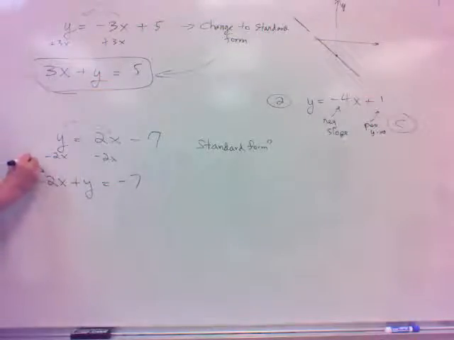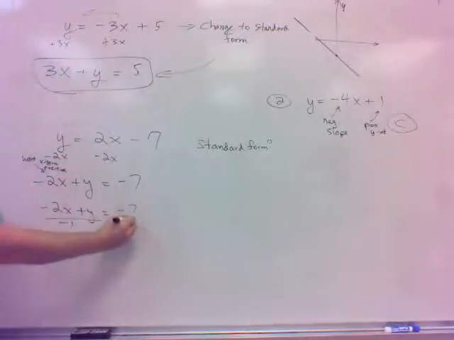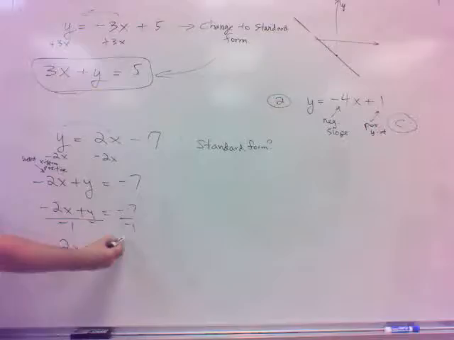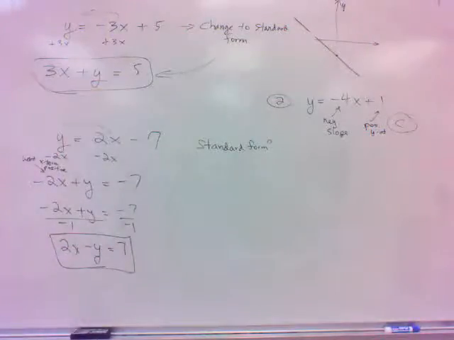If I want the x term positive, if I divide through everything by negative 1, both sides, that'll take care of it, won't it? Or multiply both sides by negative 1. That makes it positive 2x, negative divided by negative being positive, and then a positive divided by negative being minus y equals positive 7. Okay, so technically the x term they want to be positive. So if you wind up with a negative x term, just divide everything by negative 1 and you're all done.